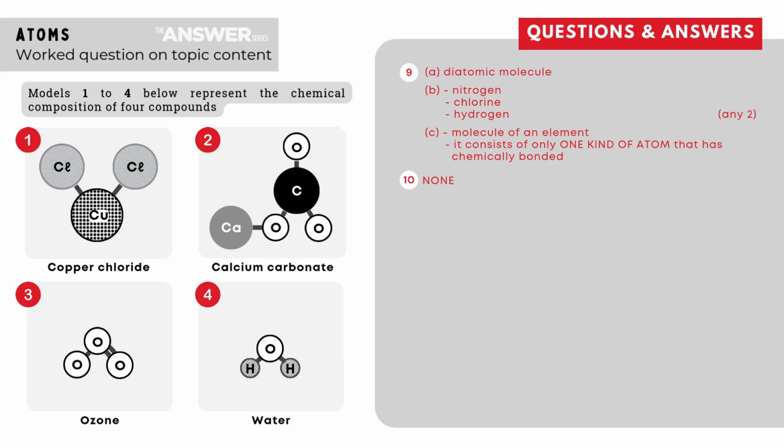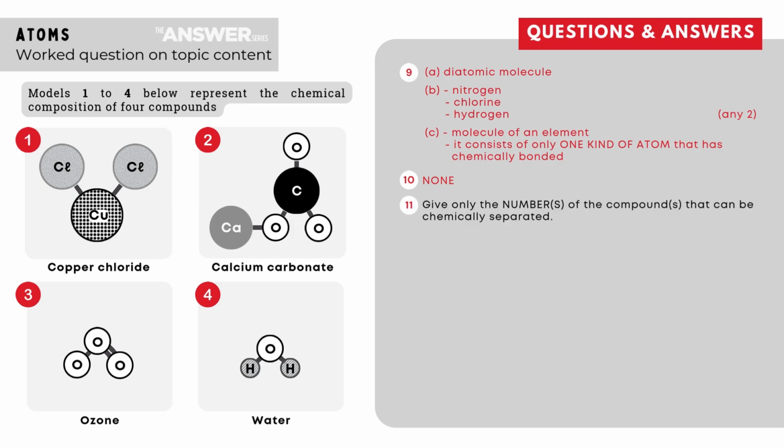So you can still separate them through physical means like hand sorting or sieving or filtration, etc. But because these 4 models show you compounds, and we know that compounds are pure substances, we know that the whole point of it being a pure substance is that it cannot be physically separated. So none of these can.